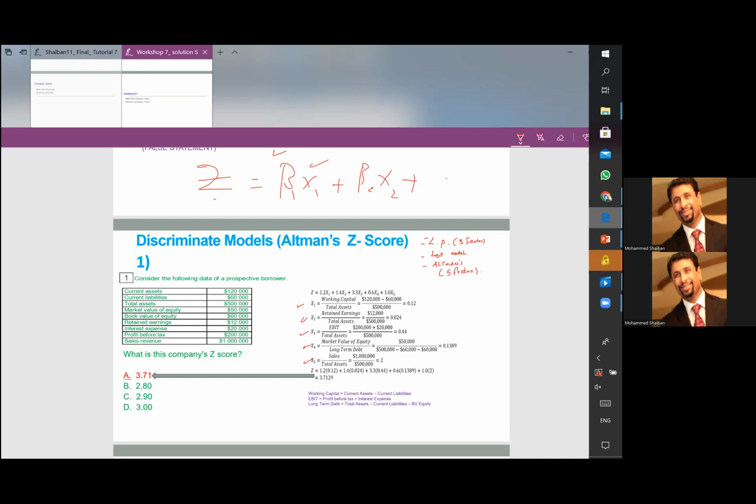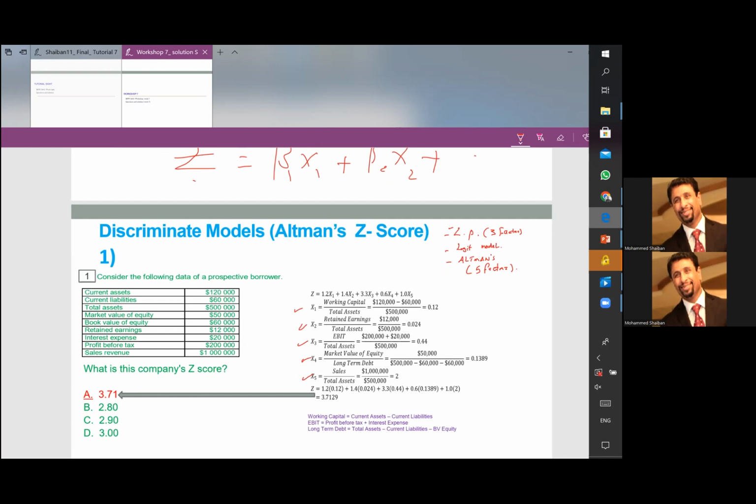If the Z value is over 2.99, then you accept it. Between 1.81 and 2.99, you consider it, or you send it to other committees to discuss. And in the third one, less than 1.81, you reject. Okay, all we need now is to go to these calculations. I want to calculate X1.